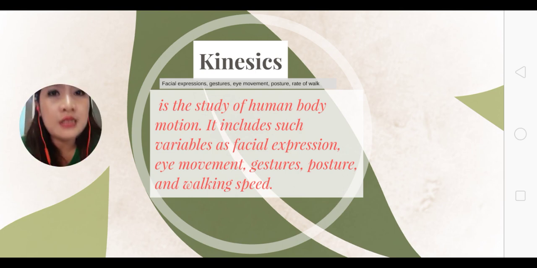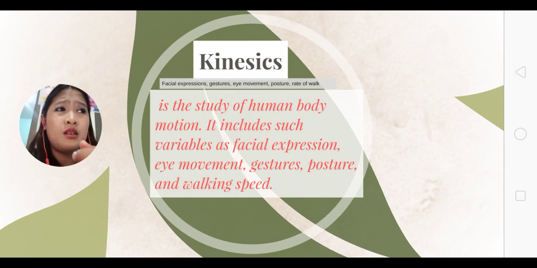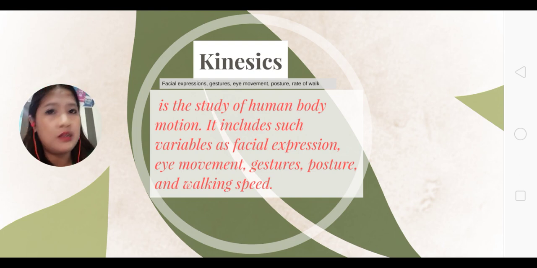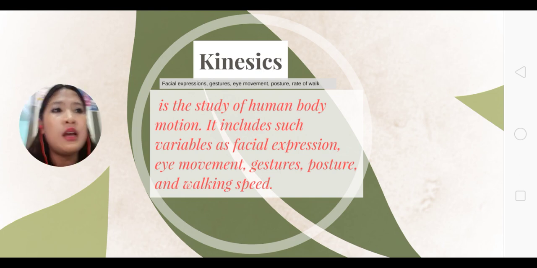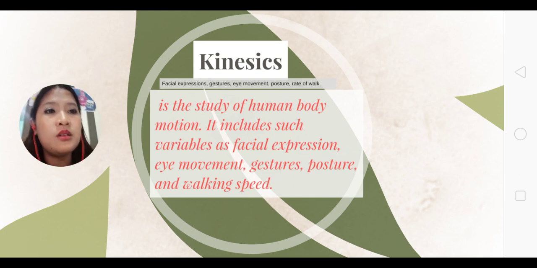If the person is slouching, one could say that that person could be shy or not really that confident. But if the person stands up with the chin up high and looks at people straight in the eye, one could have the impression that that person is indeed confident.